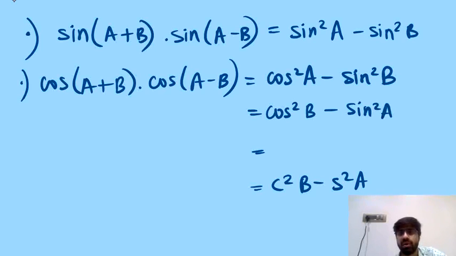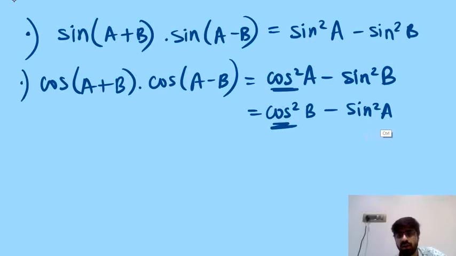A good method to remember this expansion is that it doesn't matter in which sequence you are writing the angles, but the first thing that should come in front of you is cos square, and then it should be sine square. So cos a plus b into cos a minus b will be cos square minus sine square.